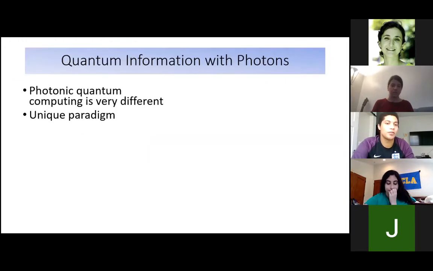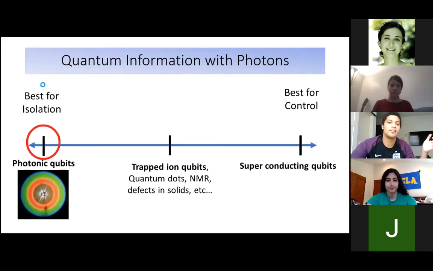So rather than really talking about quantum computing and the regimes that you do quantum computing with photons, I wanted to talk about where I'd argue that photons are more important, which is what we call quantum information, because I said that photons exist along this kind of spectrum of criteria for qubits.